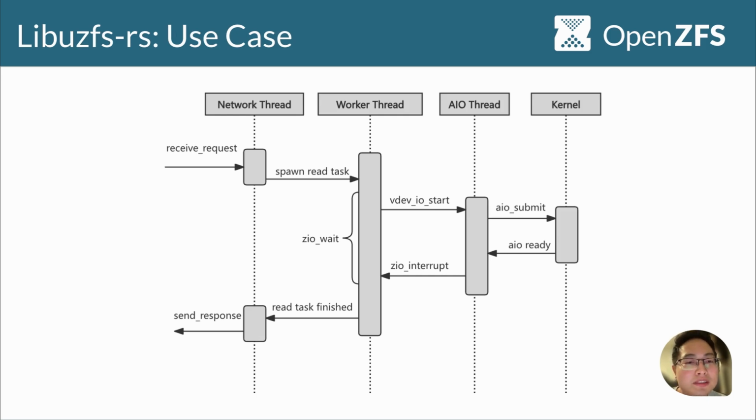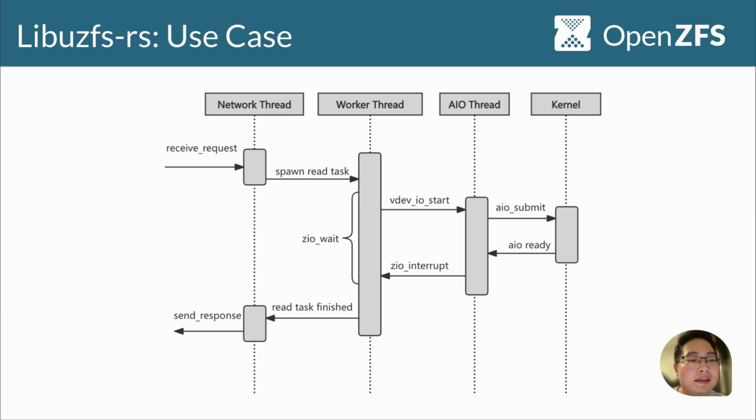Then let me introduce a use case by a read example. If we are developing a network file system, after receiving a read request, the network thread will spawn a read task to the worker thread.